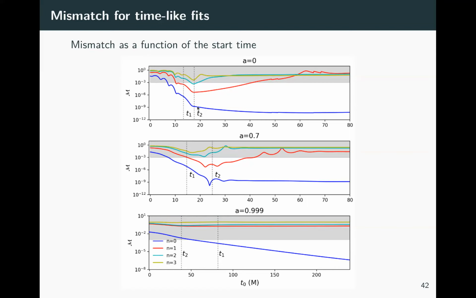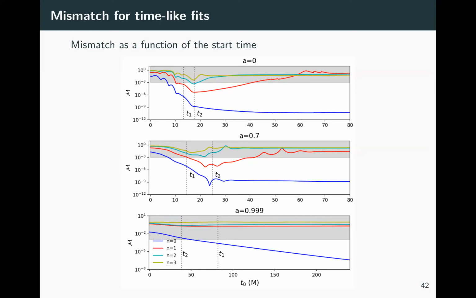We see that the red and blue dip below the gray briefly, which seems to indicate you're measuring a mode. Although you could also argue that you want not just the mismatch to dip below and be small, you would actually prefer the mismatch to stay constant in time too, because it means the radial profile isn't changing in time. If the mismatch keeps jumping around, it's telling you that your radial profile is changing throughout time.